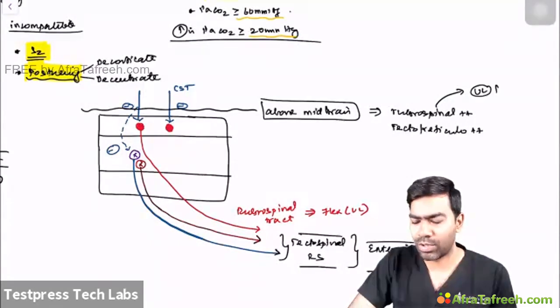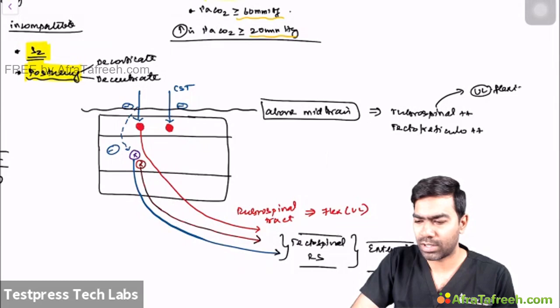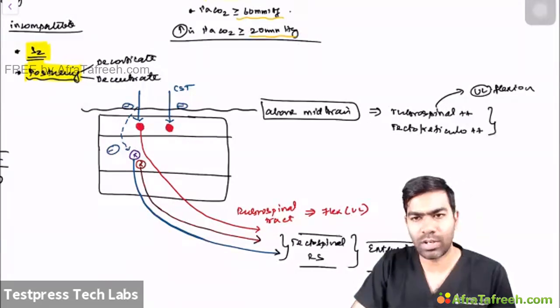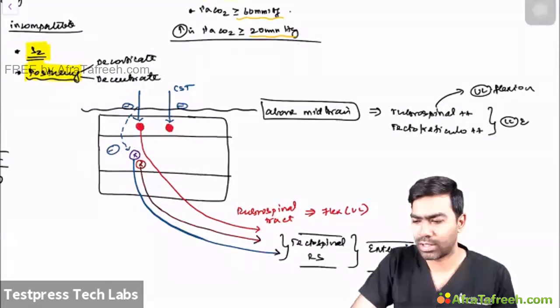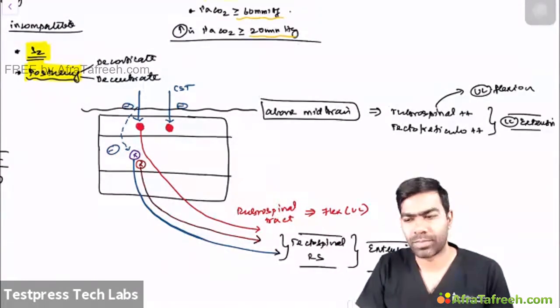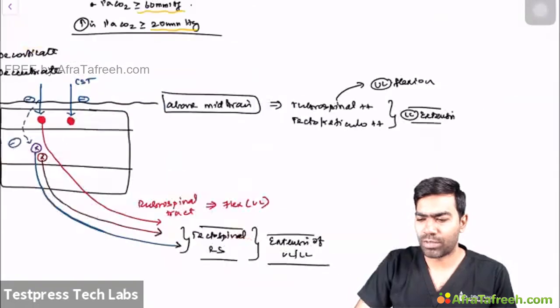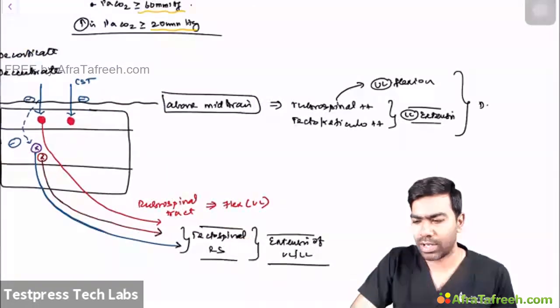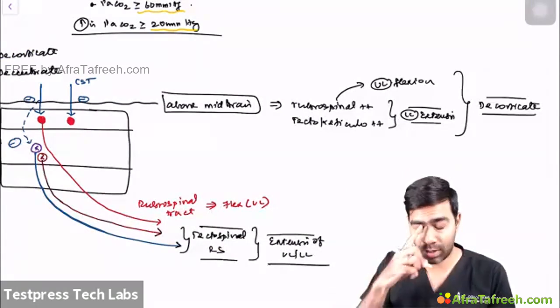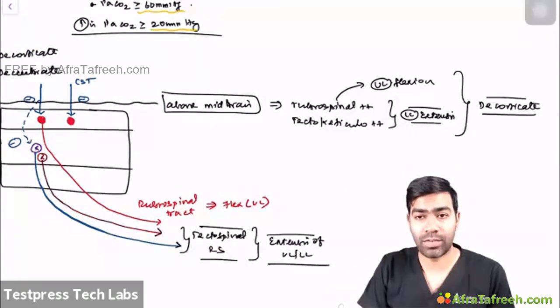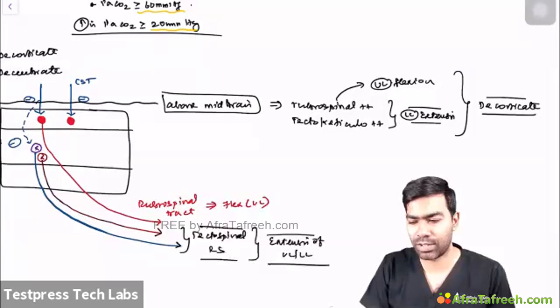So it's going to produce upper limb flexion, and lower limb extension. That's what is going to happen. So this combination of signs is what we refer to as decorticate rigidity, which means you are removing the cortical influence. The corticospinal tract influence is lost. That's why it's called decorticate rigidity, basically.